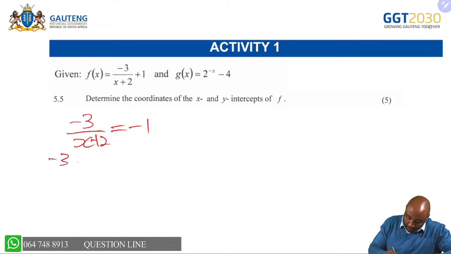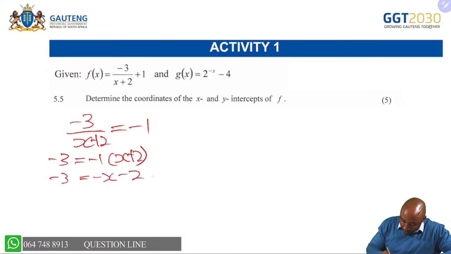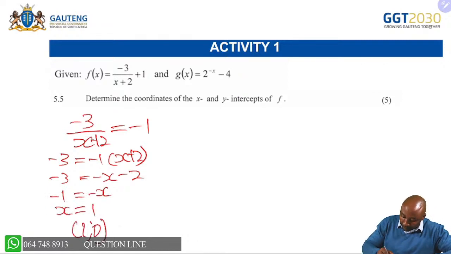We get negative 3 is equal to negative 1 times x plus 2. That will give us negative 3 is equal to negative x minus 2. And we get our negative 1 is equal to negative x, and we get our x as 1, meaning it will be 1 and 0.